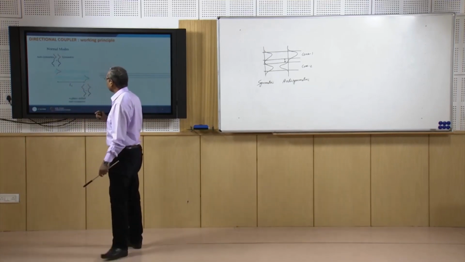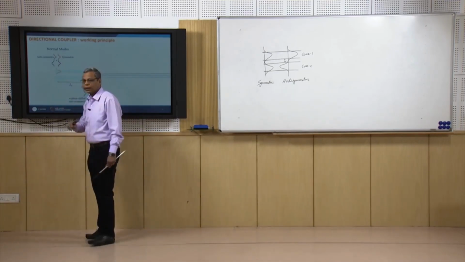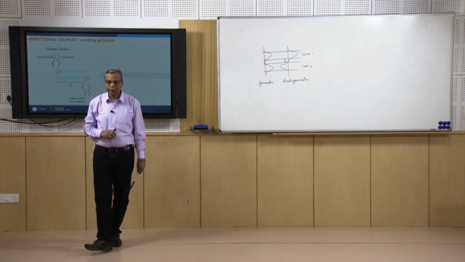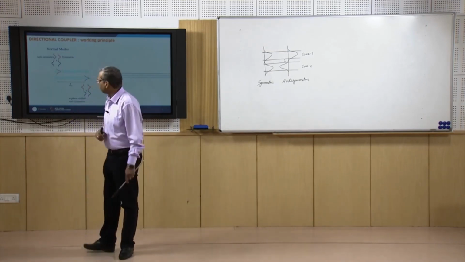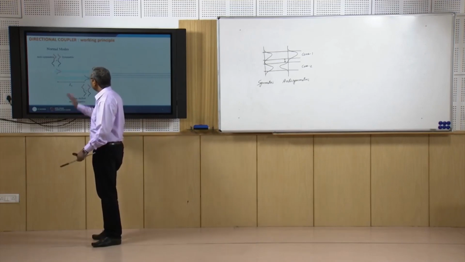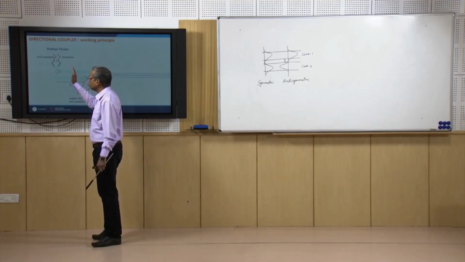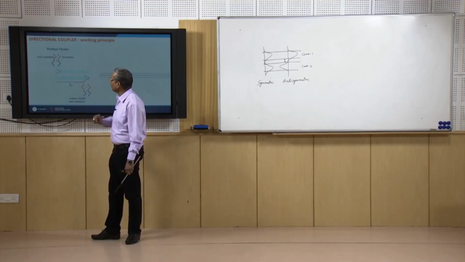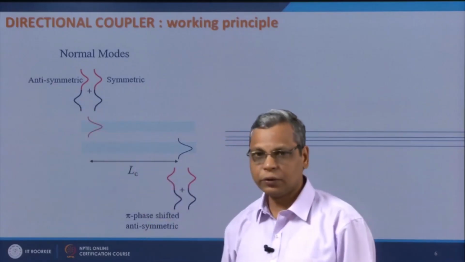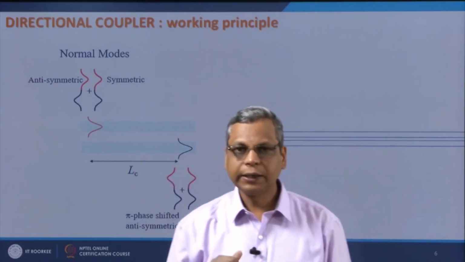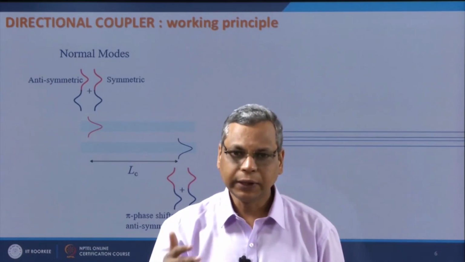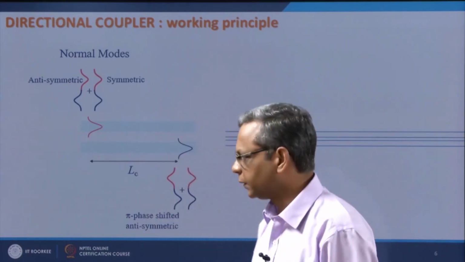So, as they propagate, there is a phase shift accumulated between them, and if at any intermediate distance I want to know what is the field distribution, then I will have to superpose these two modes with their accumulated phase shift, and that will give me the resultant field pattern.